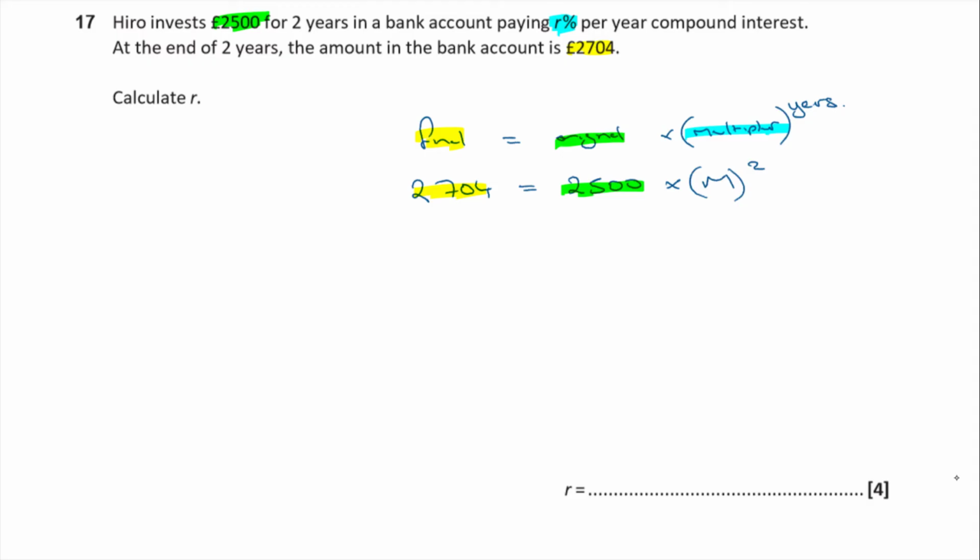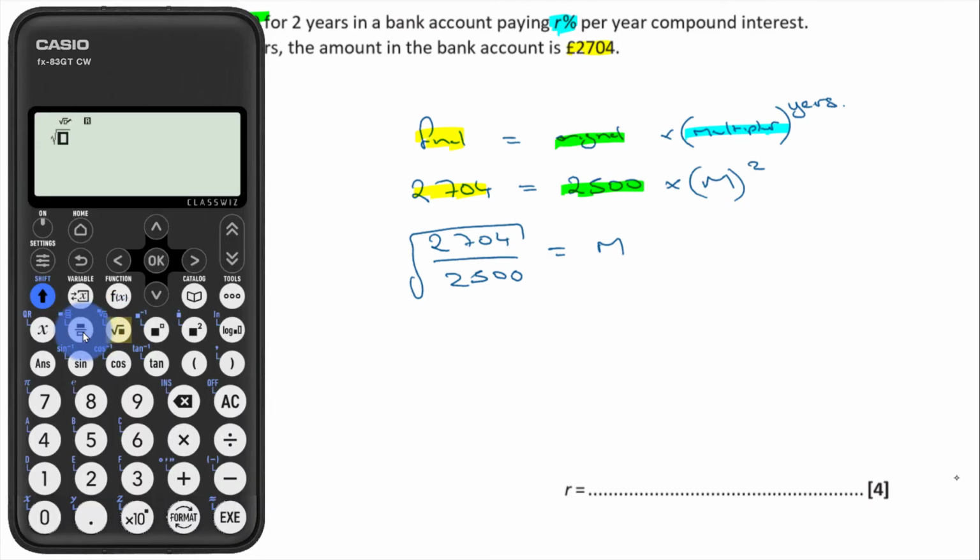Okay, so then I know that my multiplier squared is going to be, if I divide both sides by 2,500, 2,704 over 2,500 equal to m squared. So if I then square root both sides, I'm going to get m is equal to the root of 2,704 over 2,500. And what's that then? The root of 2,704 divided by 2,500 is 1.04.